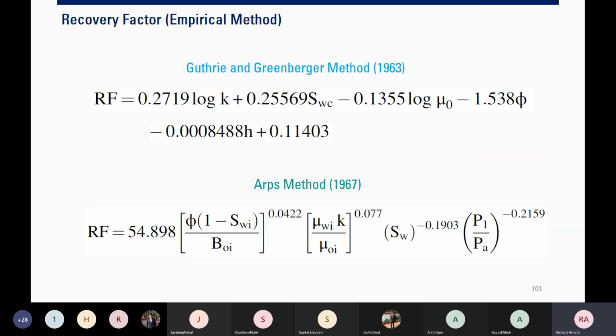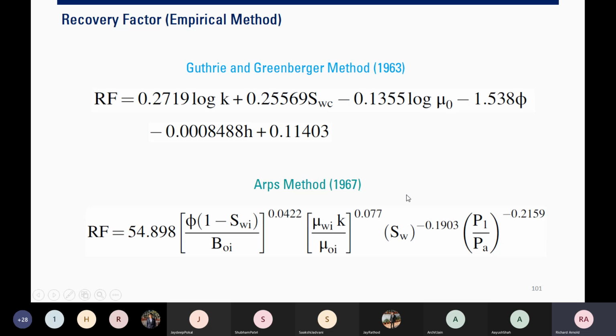And you can also use, lastly, empirical methods for estimating your recovery factor. All right, this is the quick look analysis, where you can use the Guthrie and Greenberger method. If you know permeability, connate water saturation, oil viscosity, porosity, thickness, then right away you can easily calculate your recovery factor.